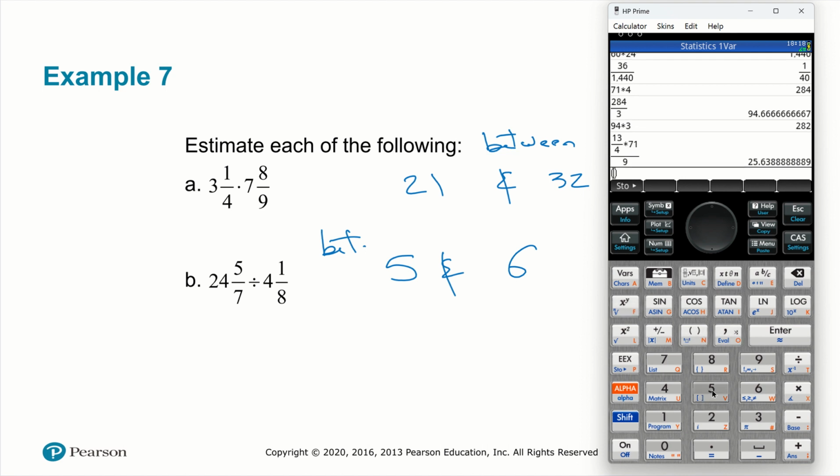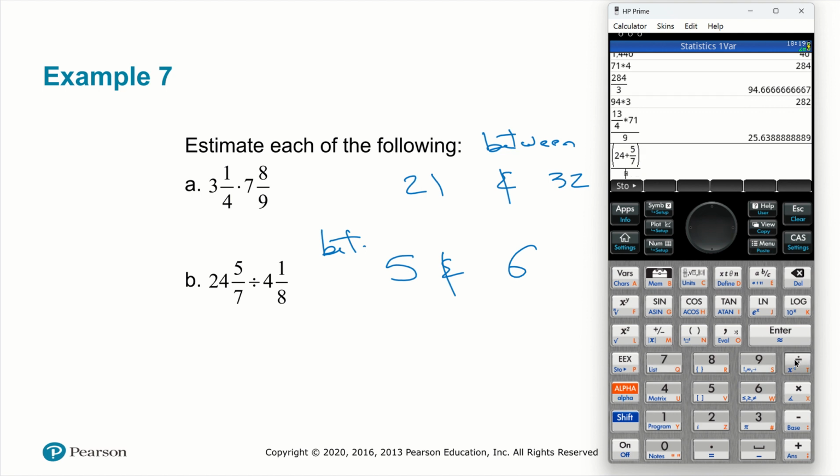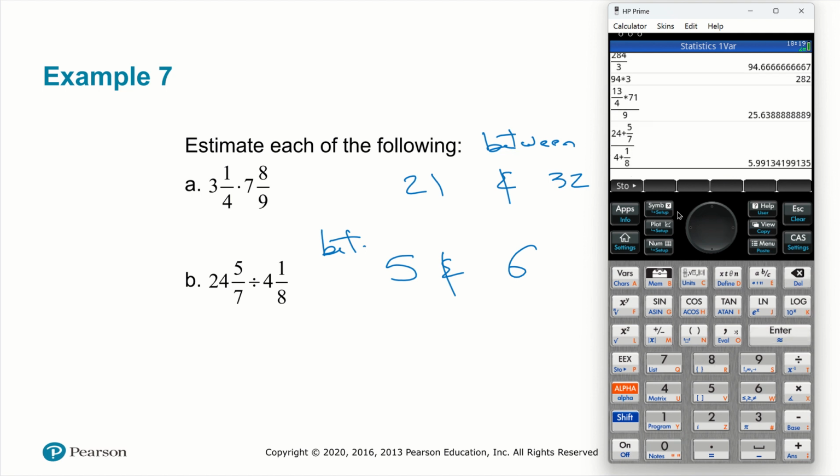We can just type in, I'll put them in parentheses, so we can put in 24 plus 5 over 7, and then I'll just go divided by, I'll put parentheses again, 4 plus 1 over 8, and then I'll hit enter, and notice a number between 5 and 6. Okay, that's how we would do those estimations quickly.